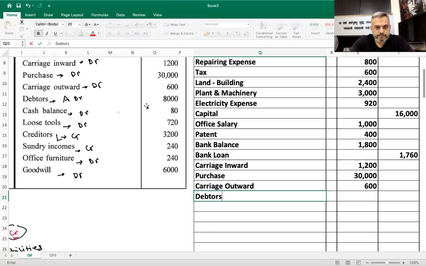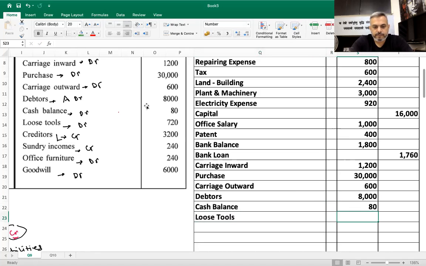Debtors 8,000. Cash balance 80. Loose tools 720. It's a current asset. Creditors liability 3,200.